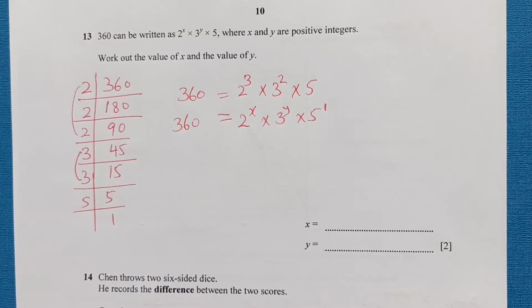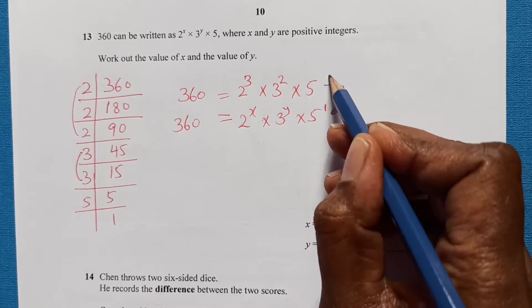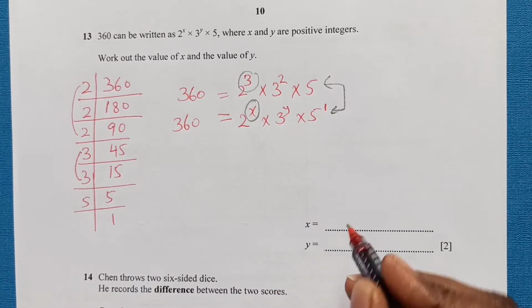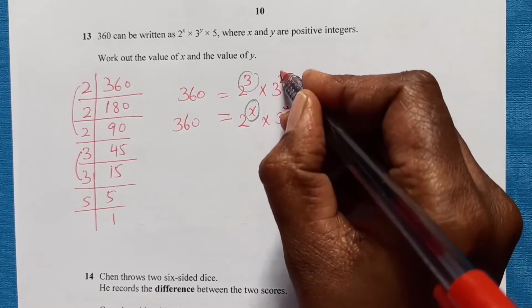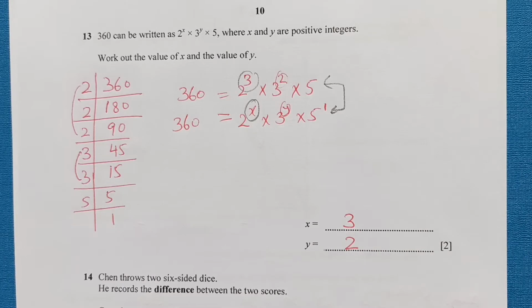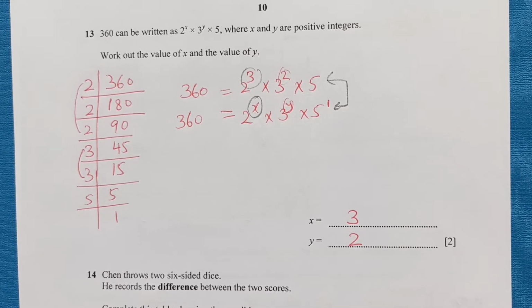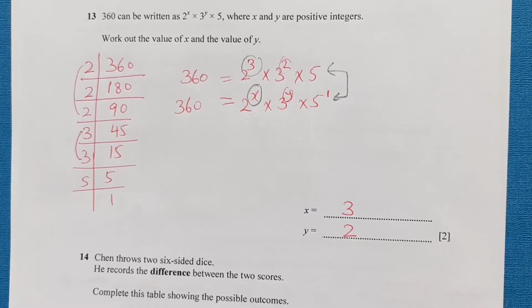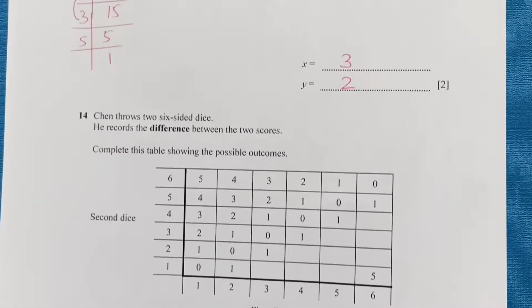If you compare these two, you will see that x is equal to 3. So our answer is 3 for x and y is 2. The question looks complicated, but it's not actually. Just go step by step, you will find the final answer.